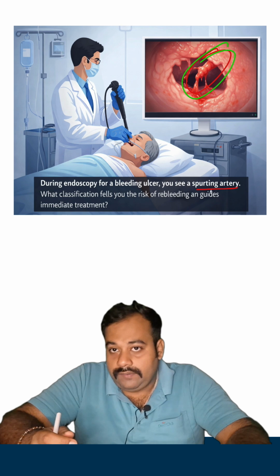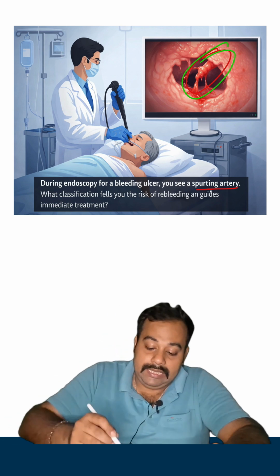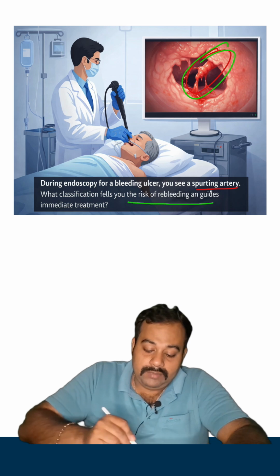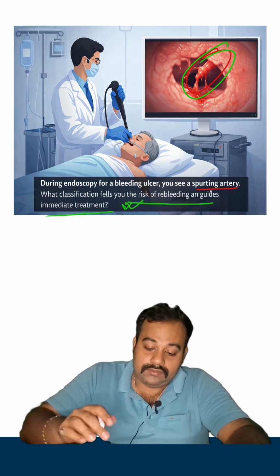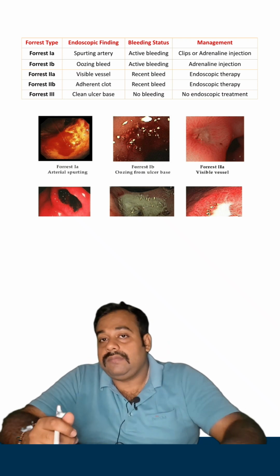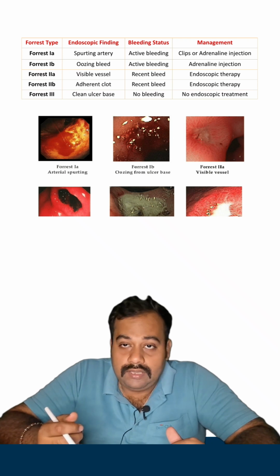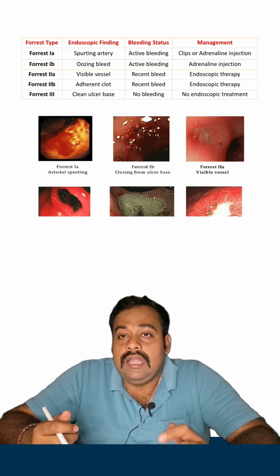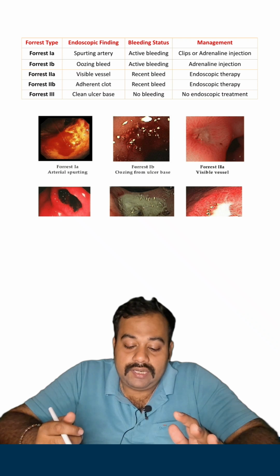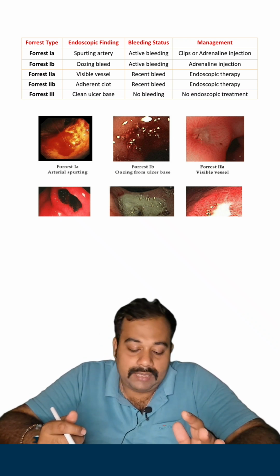Now, what classification will tell you about the risk of rebleeding as a guide for the immediate treatment in such cases? The classification system that is going to help you is the Forest classification. In the Forest classification we can divide it into three types: type 1, type 2 and type 3.